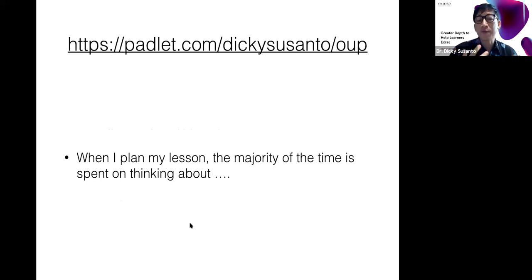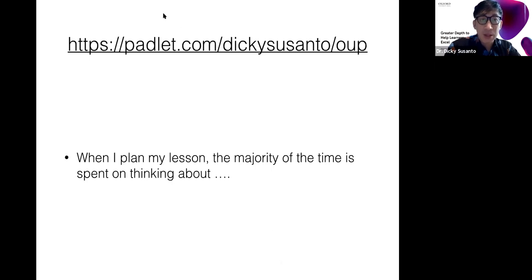When you're planning for your lesson, let's say you're teaching tomorrow or the day after tomorrow, how much of the time, the majority of the time, is spent on thinking about? If you can complete that sentence, that would be very much appreciated. Again, it's padlet.com/Dicky Susanto, my name, and then /OUP.